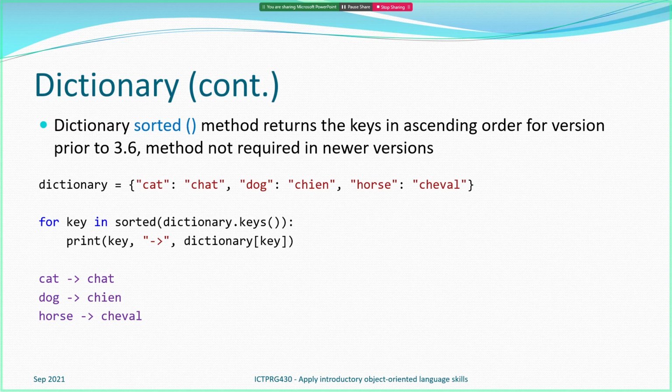So the sort method is really only necessary if you've got older versions of Python running. So this works the same way as sorting a list or anything else that we've done before. It'll give you an ascending order, so it'll sort it in alphabetical order for you.